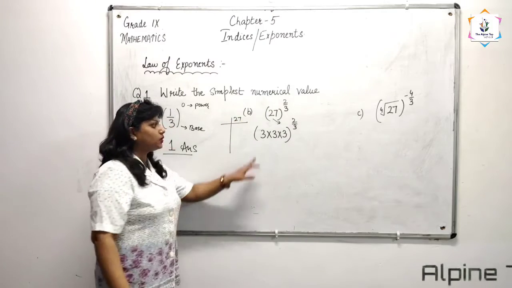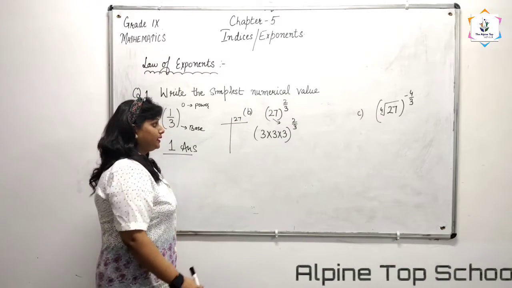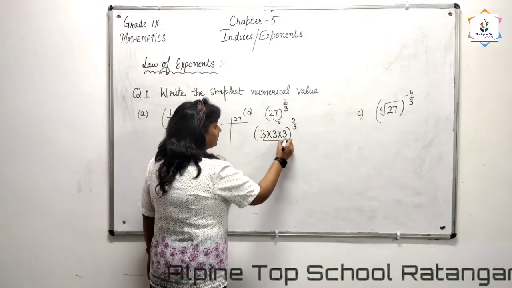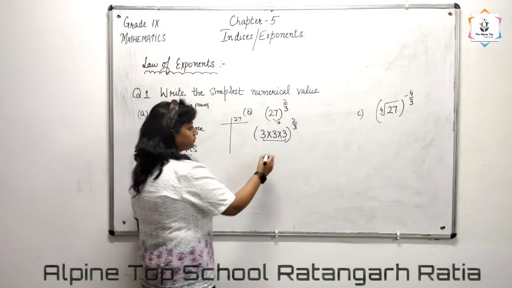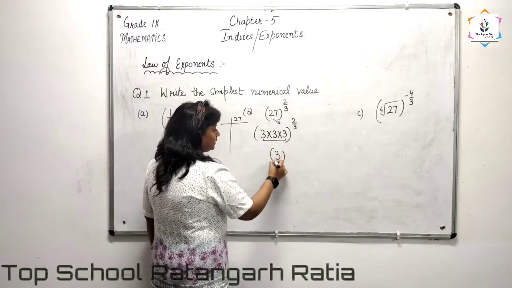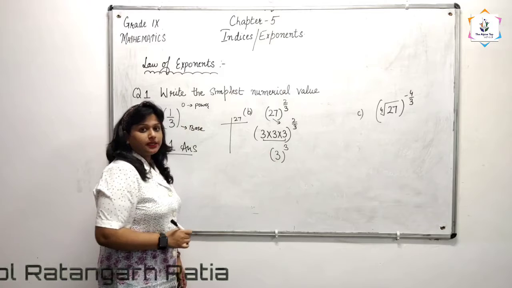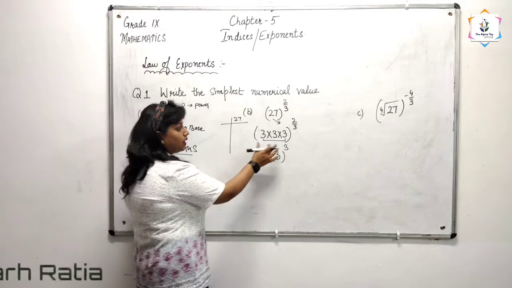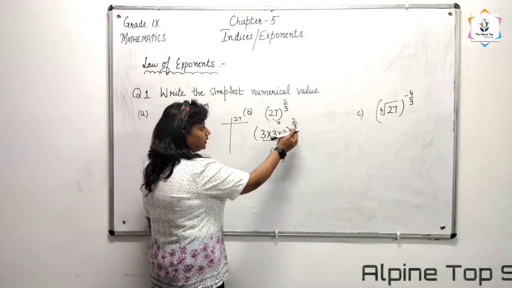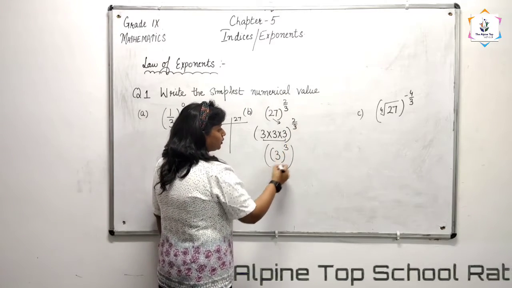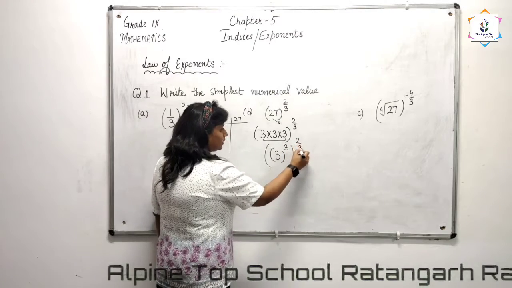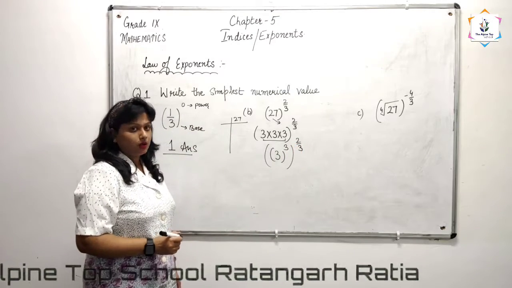Otherwise you can write it down simply. Now how many times has 3 come? 3 times. So I will write down 3 raised to power 3 because it has come 3 times. And you have been given a power 2 by 3 also.